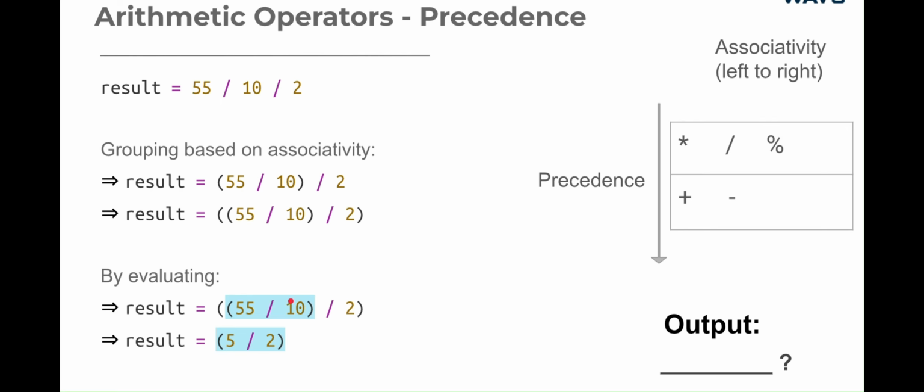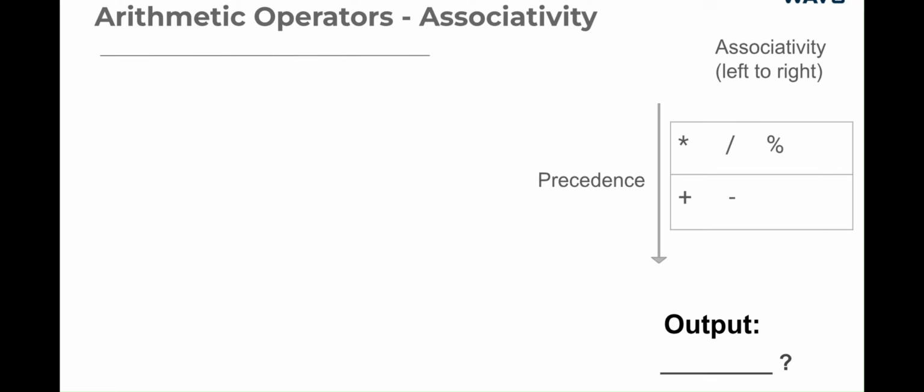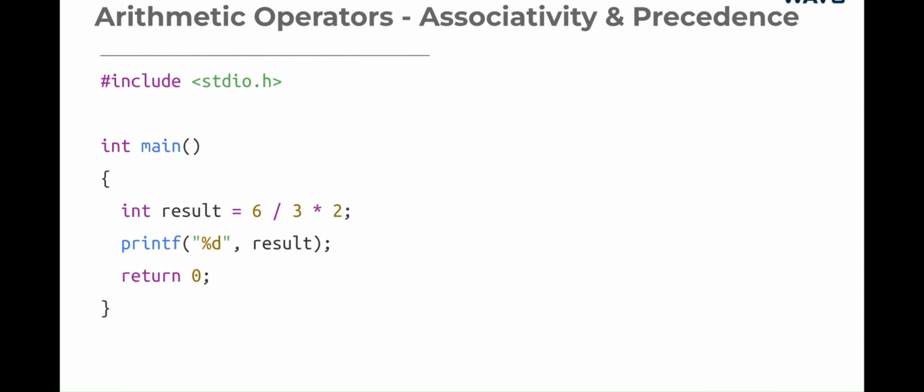By evaluating this we can see the result. 55 divided by 10 is 5, and again it is divided by 2, whereas the output will be 2.5. Since we used the integer data type, it neglects the 0.5, then the result will be 2.